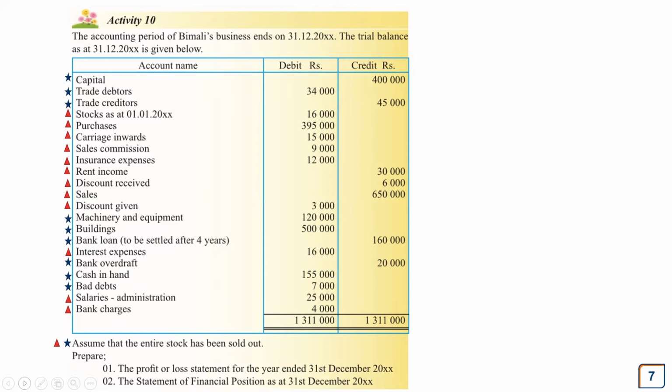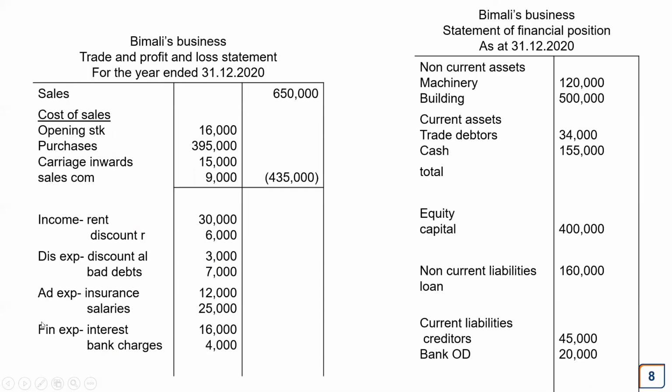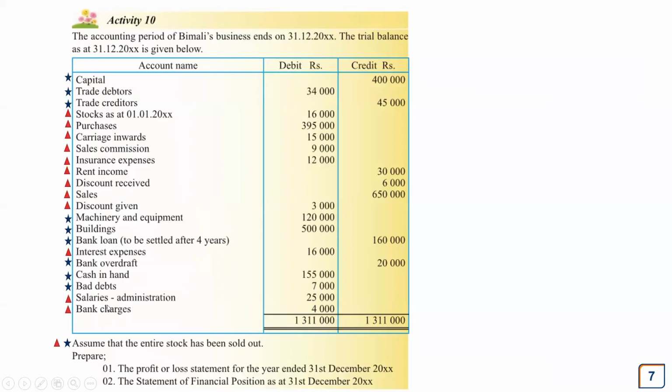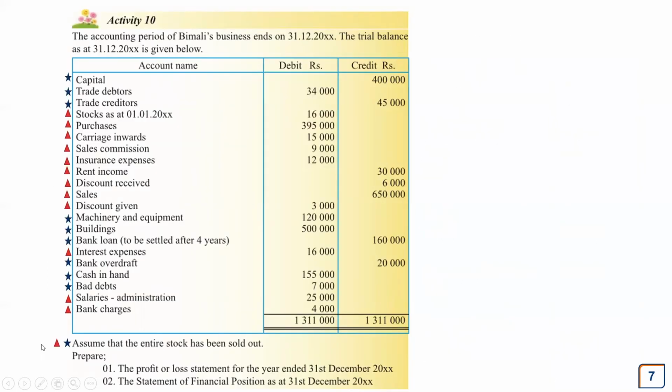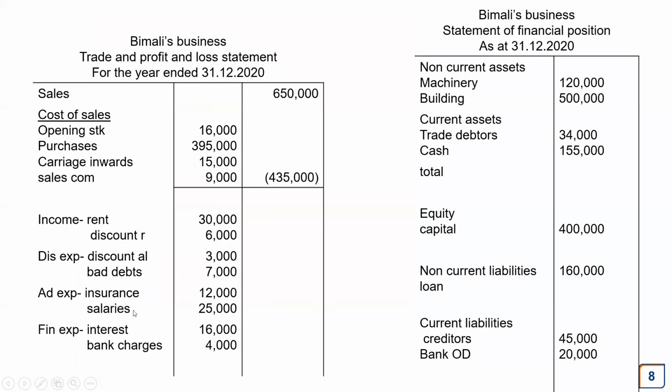So it only goes to the distribution expense since it's already deducted from the trade debtors. But if an adjustment is given, you have to deduct it, right? Then salaries for administration 25,000. Since it's given, it goes to the administrative expenses. Bank charges 4,000. It goes to the financial and other expenses.